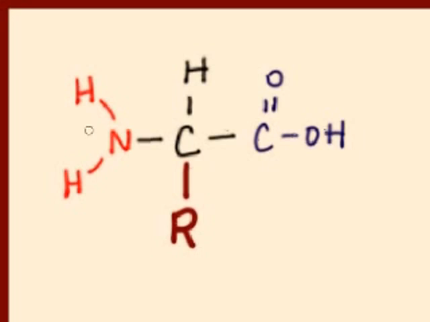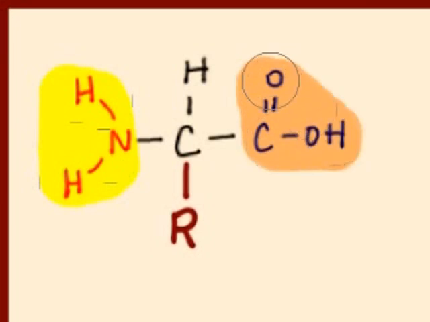This first one here, this functional group is called an amino group, and the one here, this is called the carboxyl group, or the carboxylic acid group.